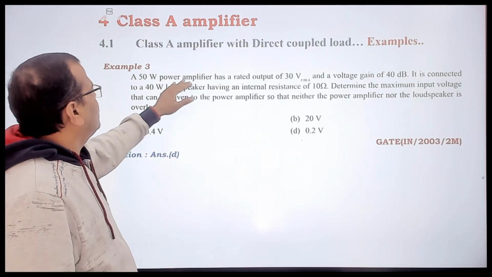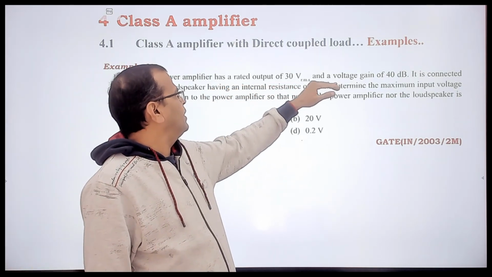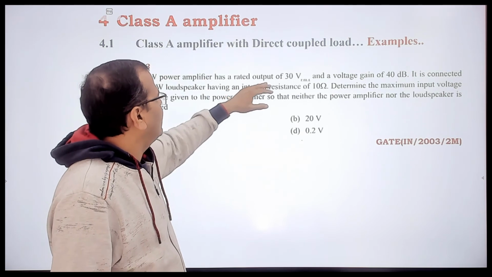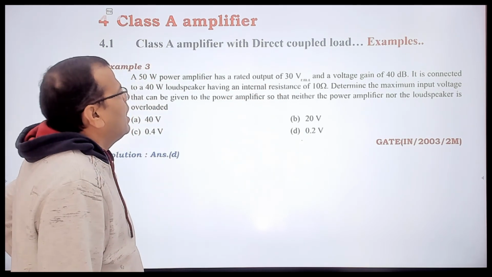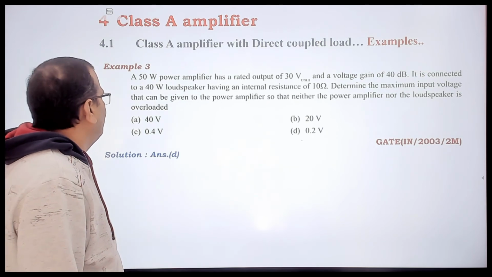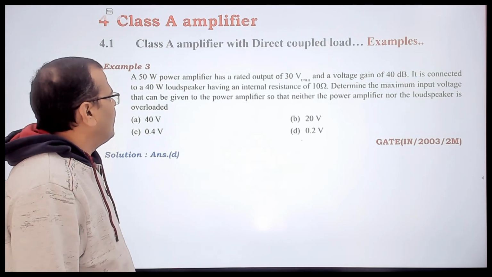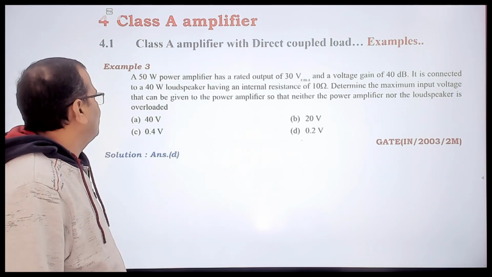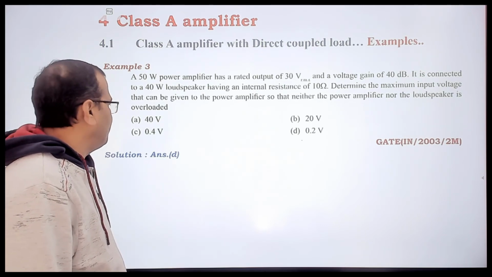Here a 50 watt power amplifier has a rated output of 30 volt RMS and a voltage gain of 40 dB. It is connected to a load of a 40 watt speaker having an internal resistance of 10 ohm. Determine the maximum input voltage that can be given to the power amplifier.